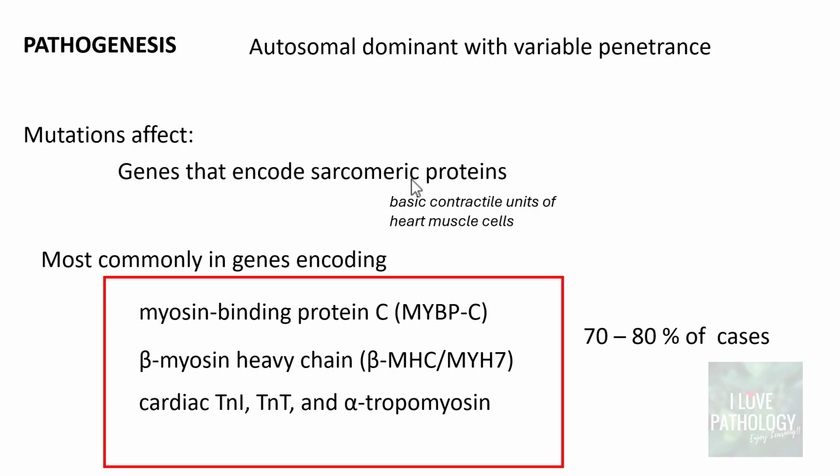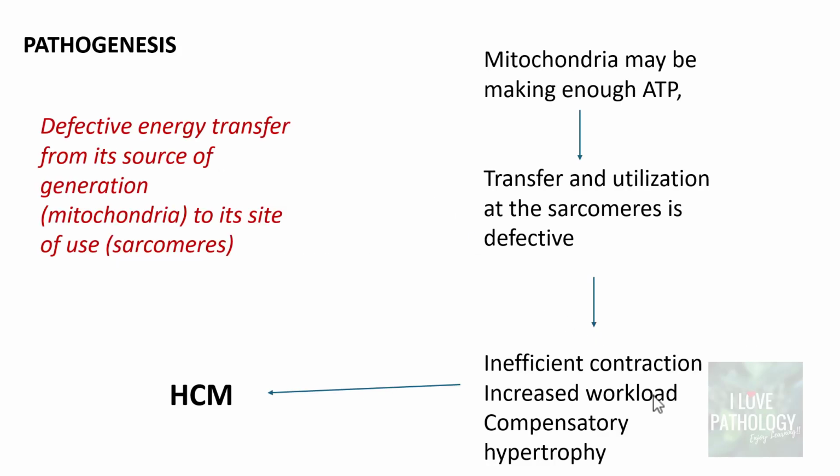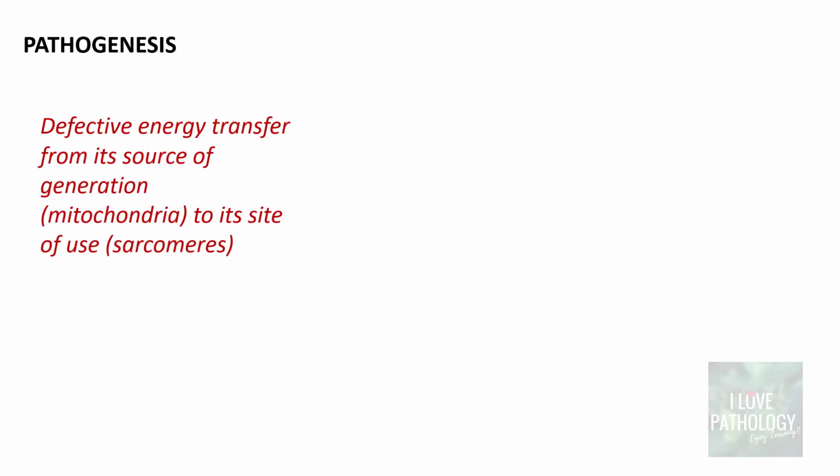So what if the sarcomeric protein genes are mutated? There will be defective sarcomeric proteins, right? And if there are defective sarcomeric proteins, what really happens is that there will be defective energy transfer from its source of generation, which means we know that the mitochondria is the source of energy, right?